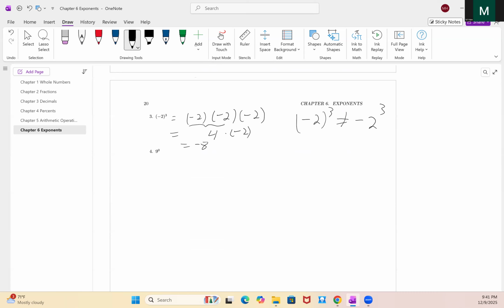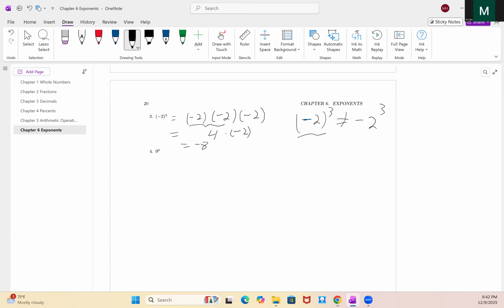In the first expression, negative 2 in parentheses, the exponent 3 applies to the negative. However, in the second case, the exponent 3 does not apply to the negative.